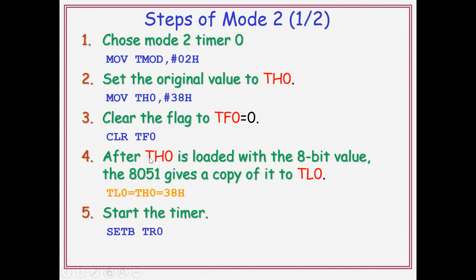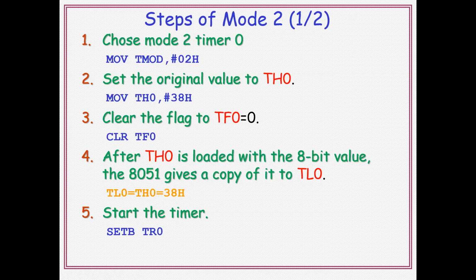That is better. Next, after TH0 is loaded with the 8-bit value, the 8051 gives a copy of it to TL0. Whatever value we loaded in TH0, 38H, is copied into TL0. So TL0 equals TH0 equals 38H at this instant. After that, you can start the timer.